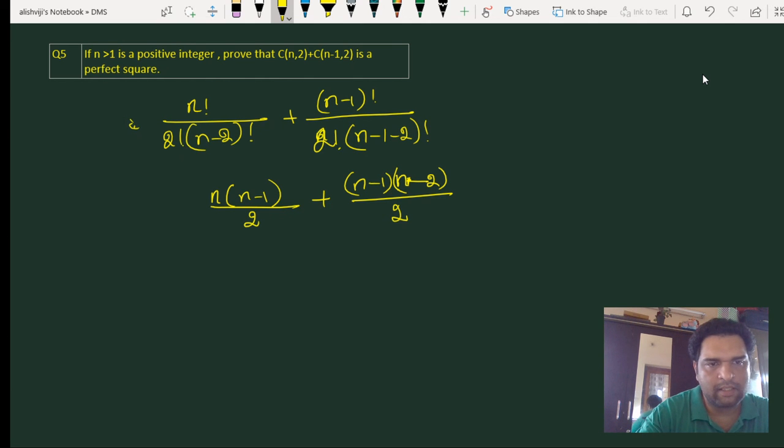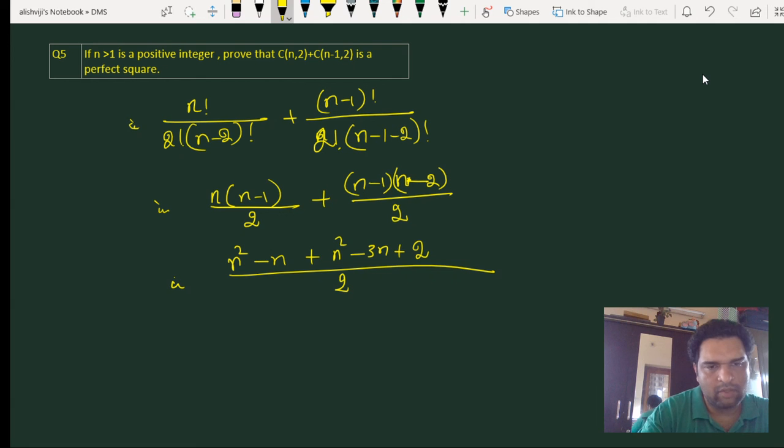On simplification we have n square minus n divided by 2, plus n minus 1 into n minus 2, which is n square minus 3n plus 2.